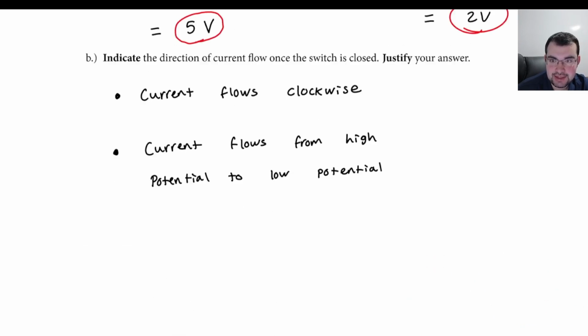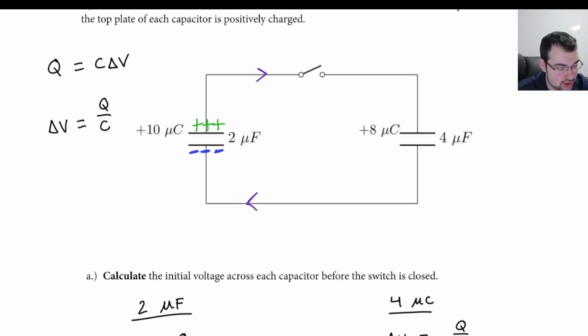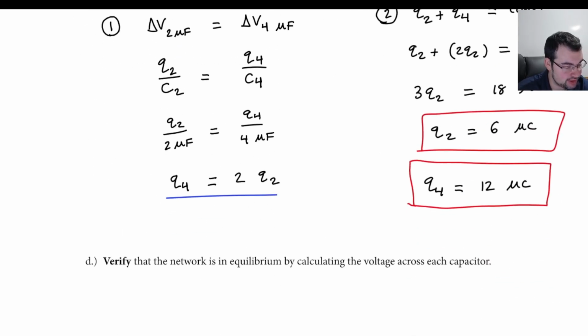And again, we got that 18 by adding the plate charges of the plates that were connected. So that's why I say it matters which way the orientation is, because if I connected the positive plate to the negative plate, the charges would cancel partially. So we'd get a lesser total charge to deal with.